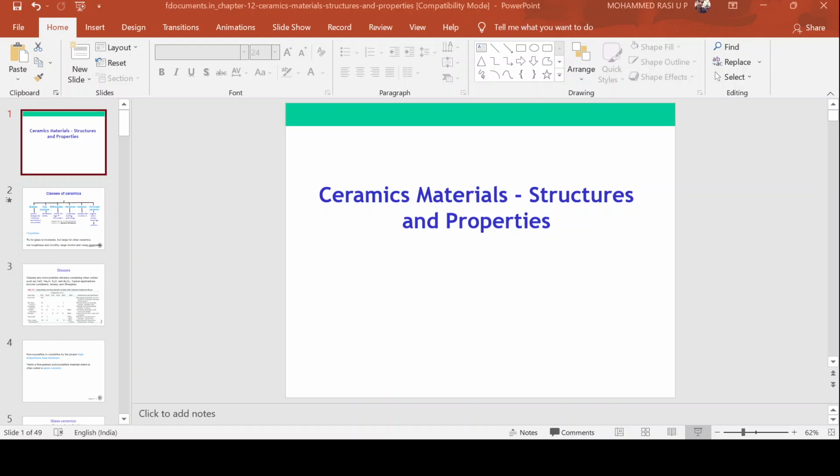Now for the particulate forming process, like refractories and abrasives, we will be using powder pressing, which has three ways: hot, uniaxial and isostatic. The others are hydroplastic forming, slip casting and tape casting, and further we'll have a drying process and firing. So that is the process of preparing the refractories and abrasives.